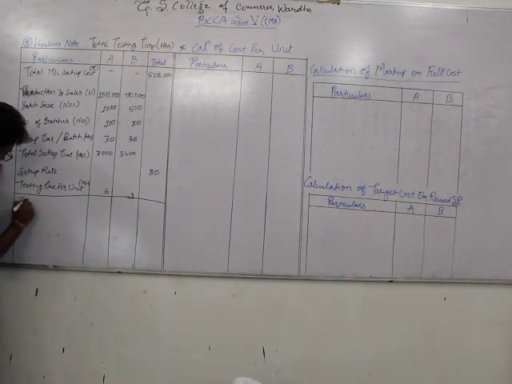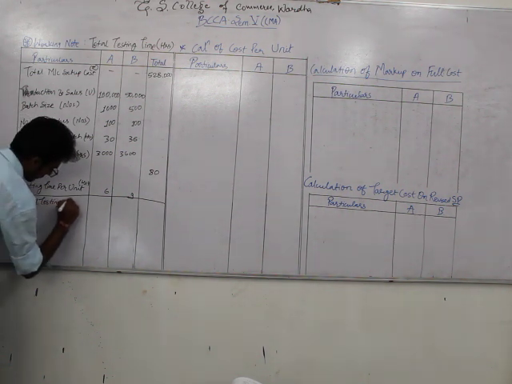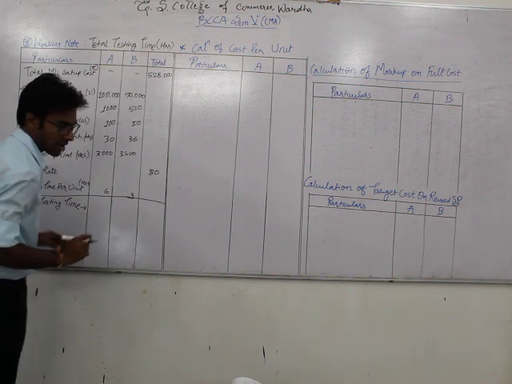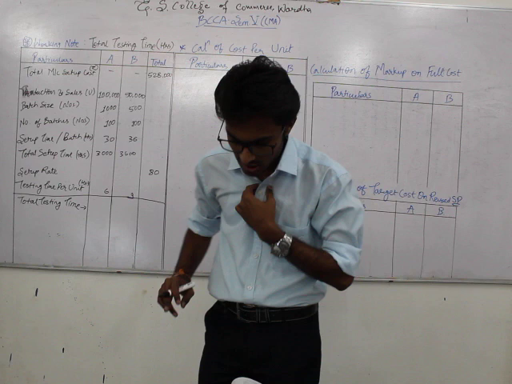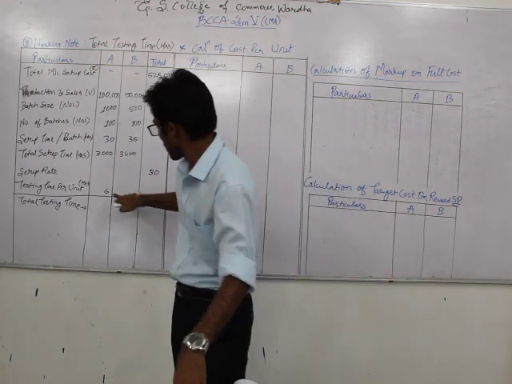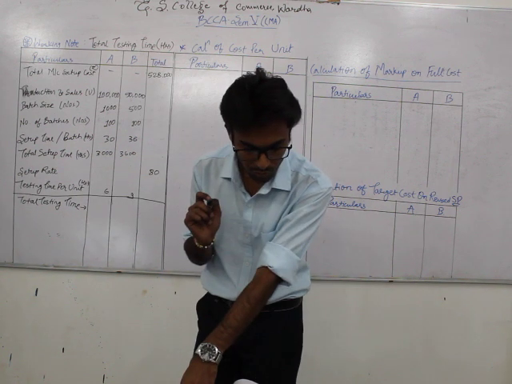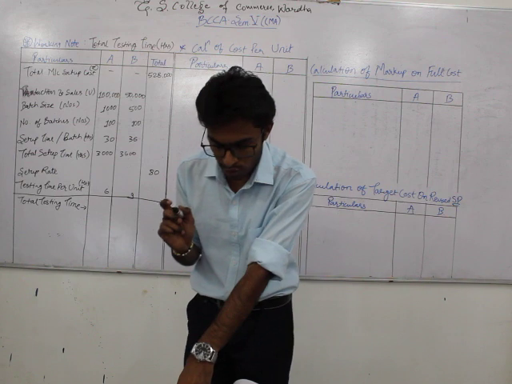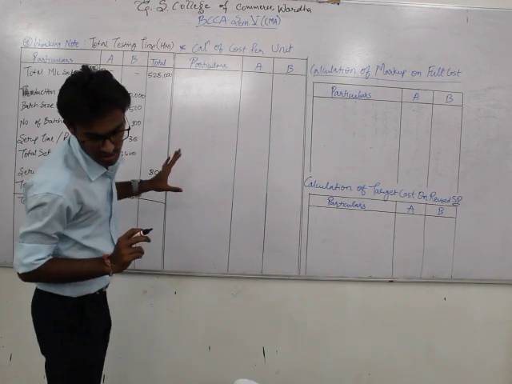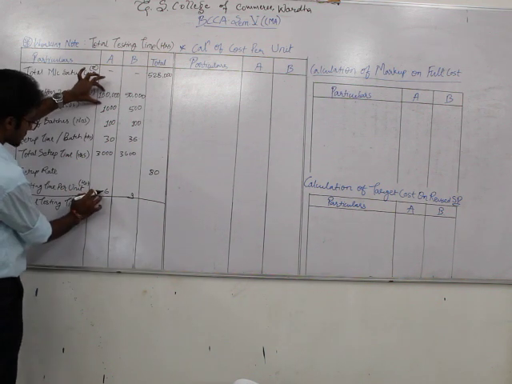We will be getting total testing time here, and total testing time is 6 into the annual production and sales. So annual production and sales is 1 lakh, and this is 6 lakh.